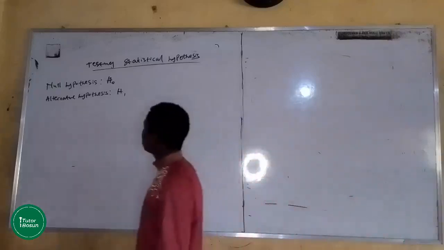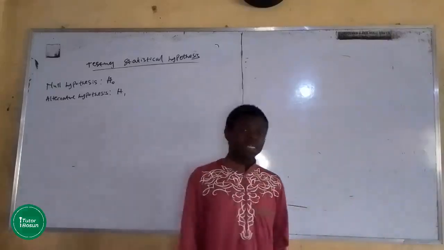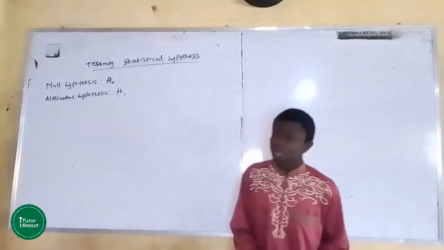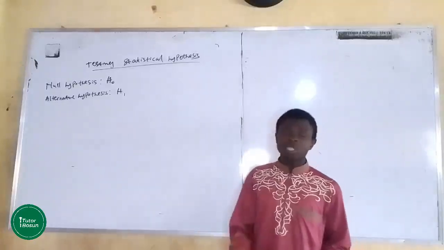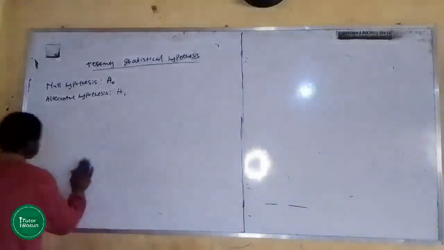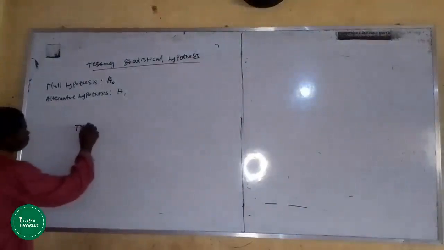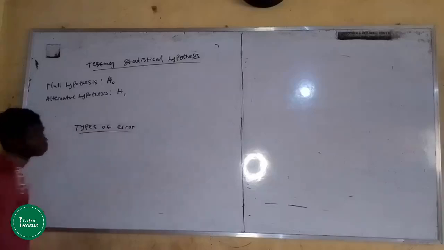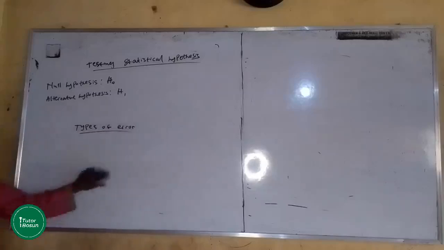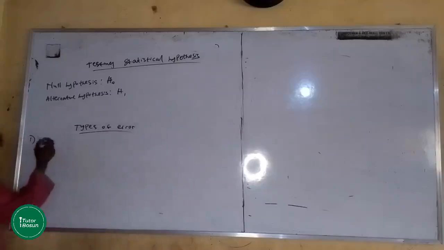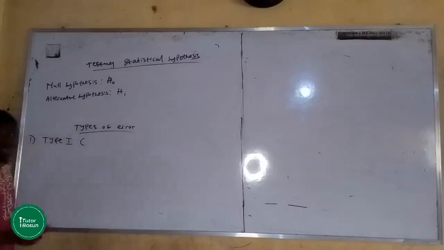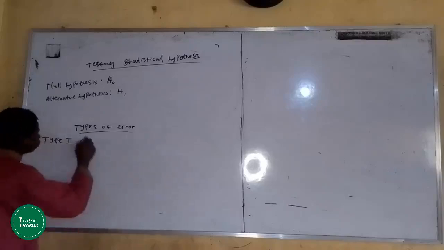While carrying out a test of hypothesis, errors might occur. In a test of hypothesis, we basically have two types of error. The first is known as the type 1 error, also known as the false positive.